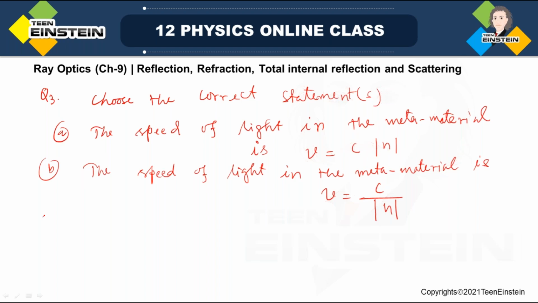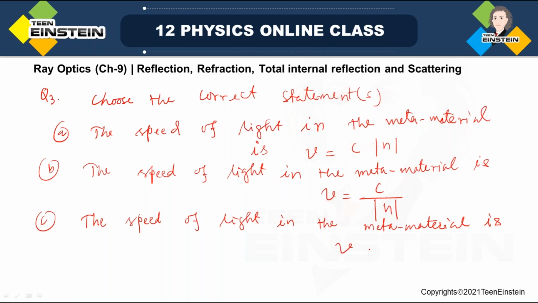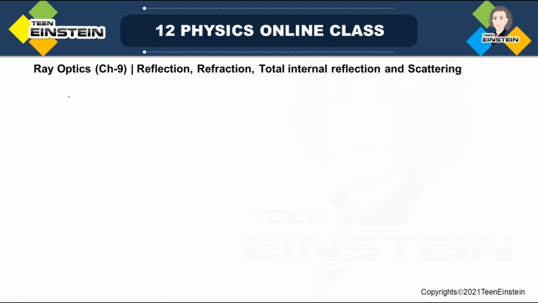Third option is the speed of light in the metamaterial is V is equal to C.